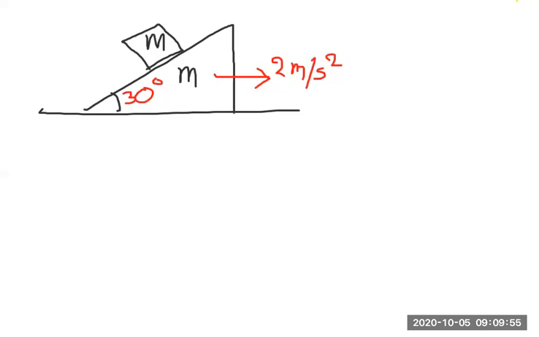So to find the acceleration of the small block, if you remember the sphere wala question, what I will do is assume that the acceleration of this m is something along the x-axis and something along the y-axis.